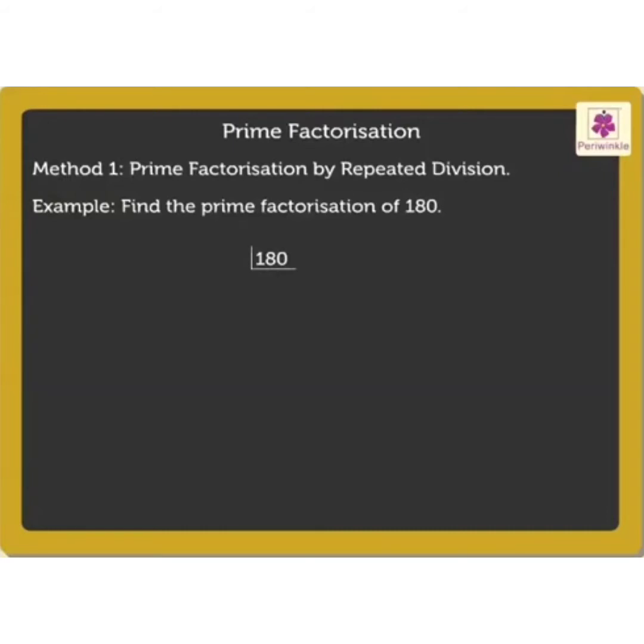As the number 180 is an even number, it is divisible by 2. You write 2 to the left of 180 and dividing it by 2 we get 90, which we write below the number 180.